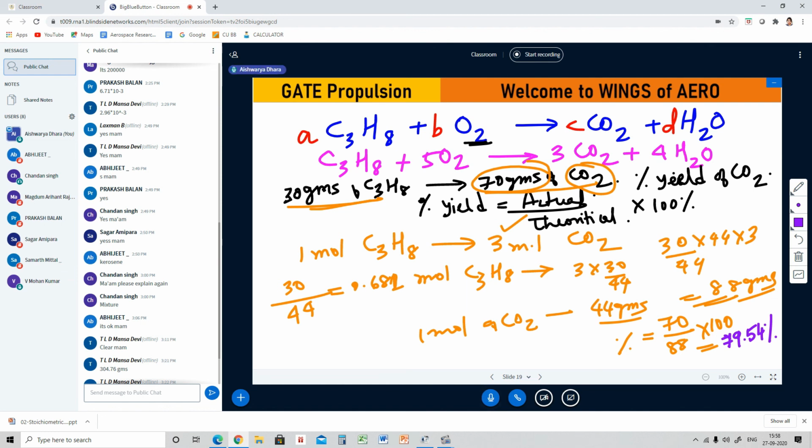Just have a glance at the types of engine, like turboprop, turbofan, turbojet, ramjet, scramjet. Just have an overview look at that and come to the next class. If I try to explain more in it, it will take more time, so instead I will just go for the main points, the key points, that is the performance parameters.